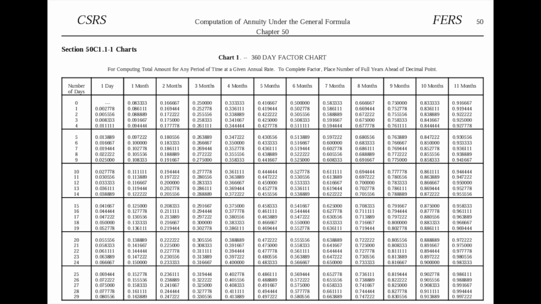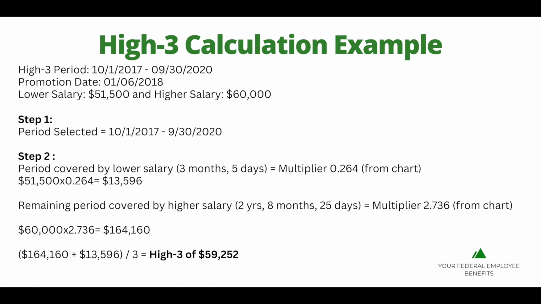The multiplier is 0.736, so with the 2 in front it's 2.736. We multiply that by his salary for the remainder of this period, which we'll say was $60,000. That gives us the High-3 amount for the remainder of this period. Then we add that amount to the 13,596 we got earlier, and divide by 3. That gives us his High-3 for this period.